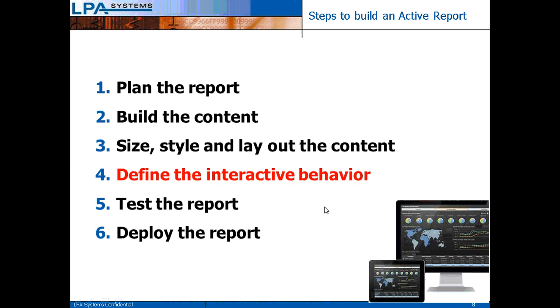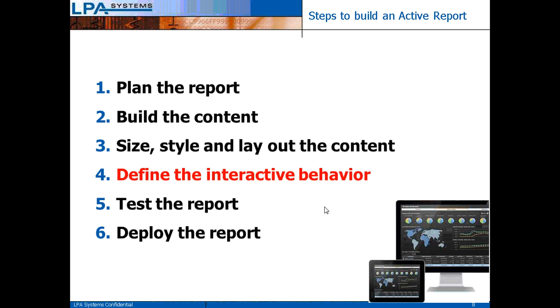So now that we've looked at converting an existing Report Studio report to an active report, let's talk about building one from scratch. First of all, you need to plan the report, build the content necessary.